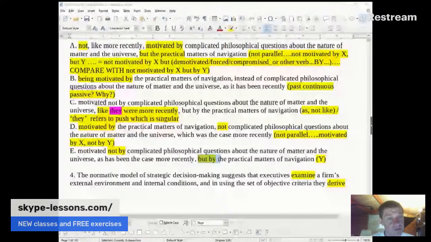So I hope that helps you all understand a little bit more about parallel structure, but there is no substitute for doing these questions. I want to just talk about these questions just to give you a little push in the right direction so that you can go away and do these questions for yourself, because it's when you do these questions again and again and again that you start to understand what's meant by parallel structure.